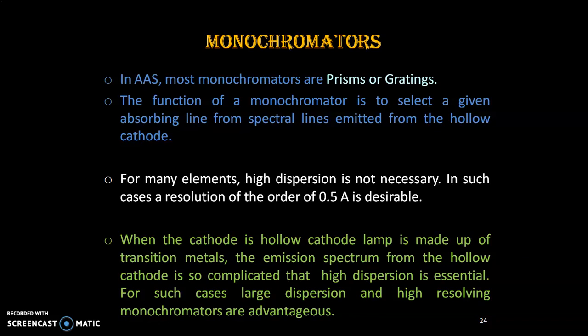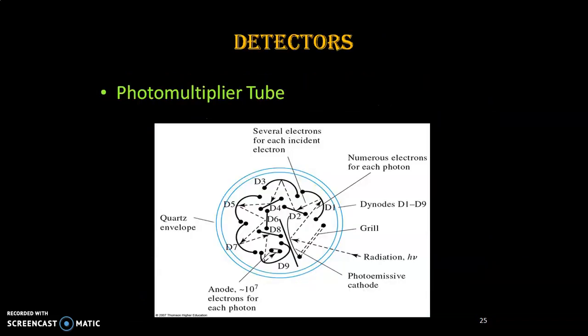When the hollow cathode lamp is made up of a transition metal, the emission spectrum from the hollow cathode is so complicated that high dispersion is essential. For such cases, large dispersion and high resolution are advantageous.